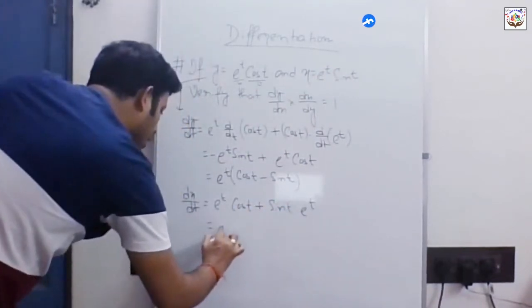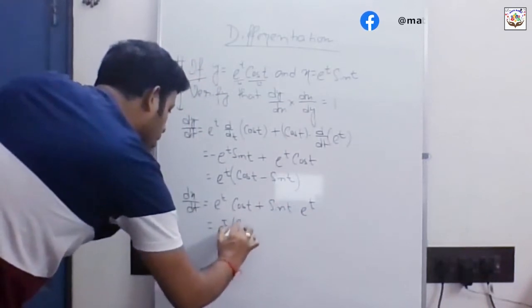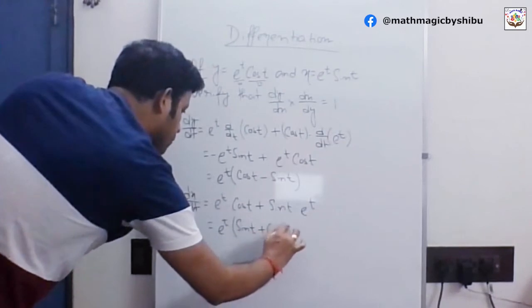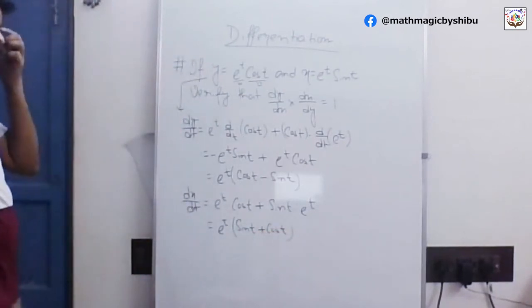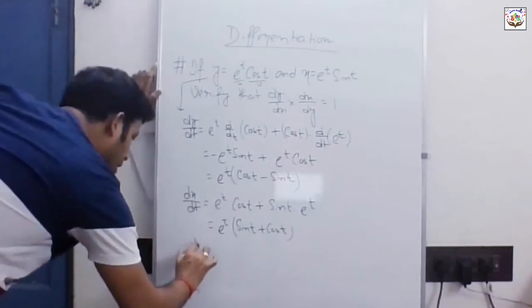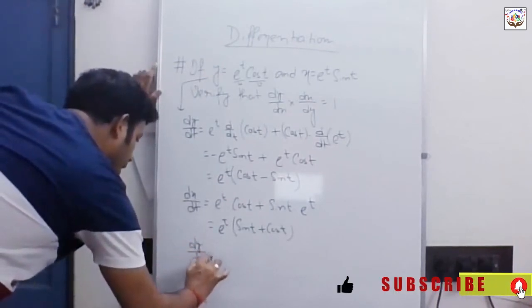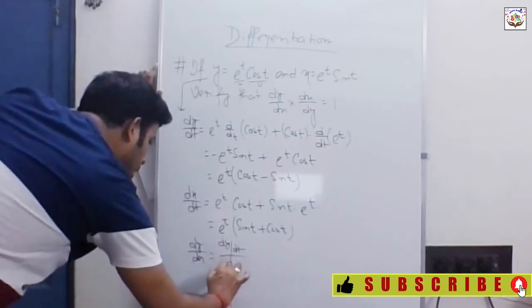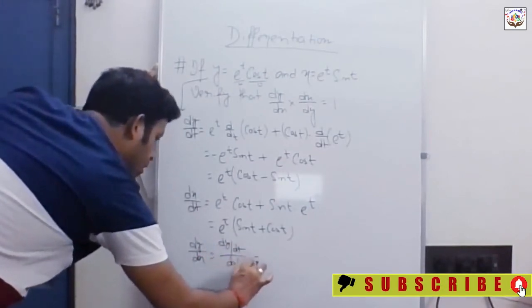So we will be getting e to the power t within bracket sin t plus cos t, right?